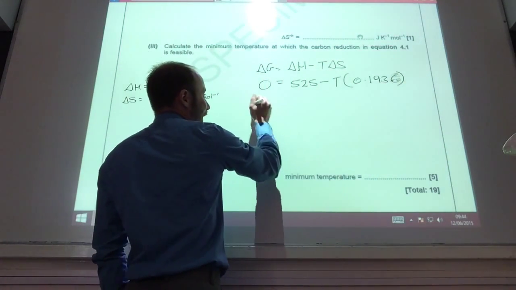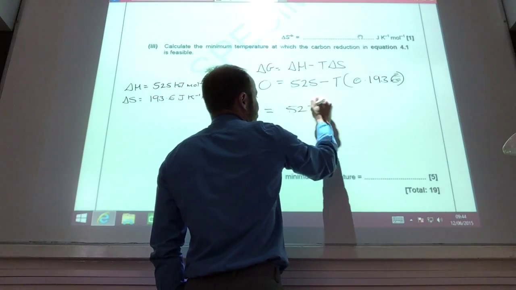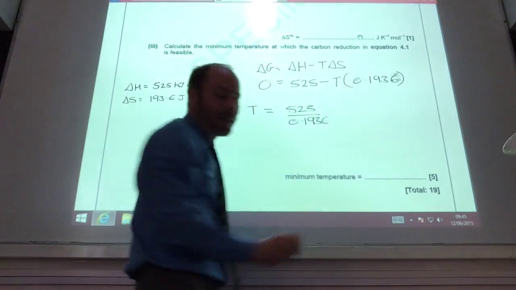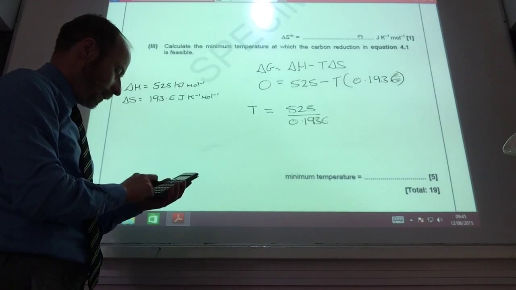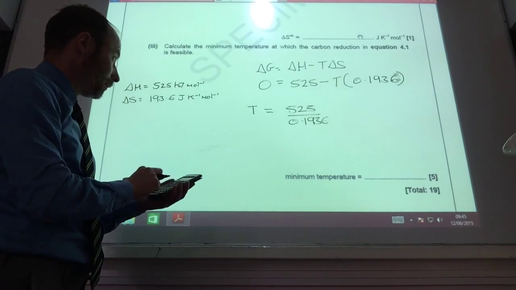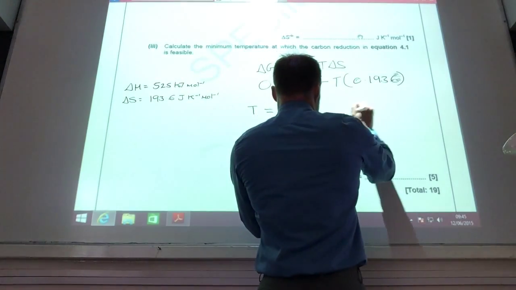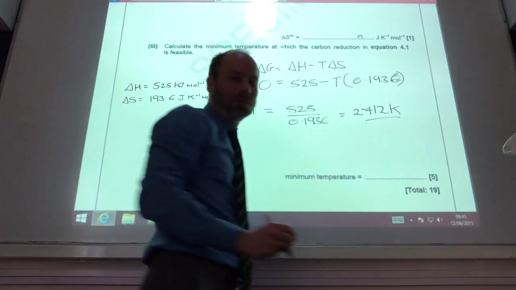So if I rearrange that, T is going to equal 525 divided by 0.1936. Let's pop that into our calculators. And that gives me 2712 Kelvin.